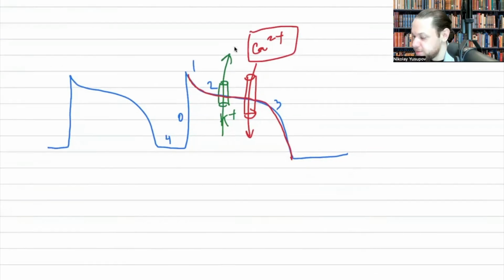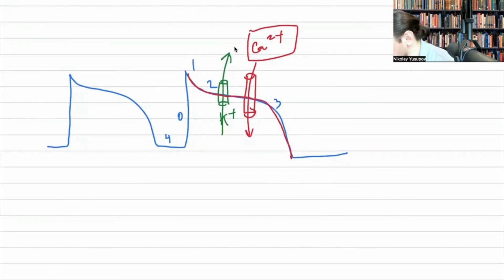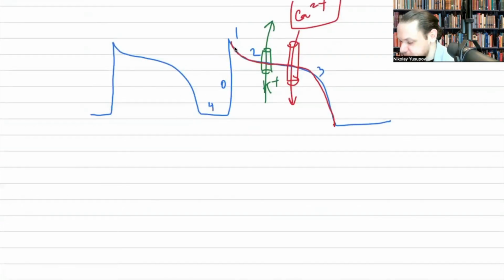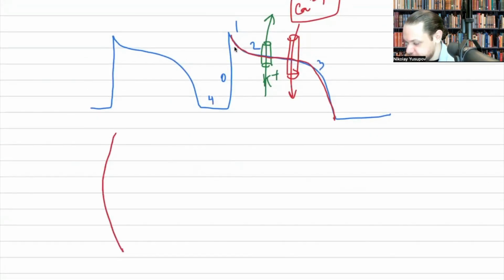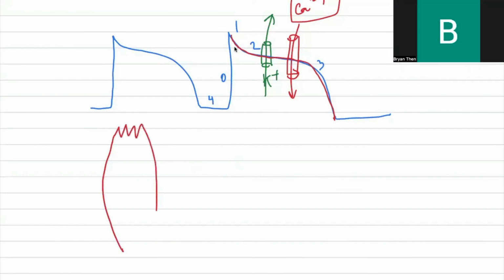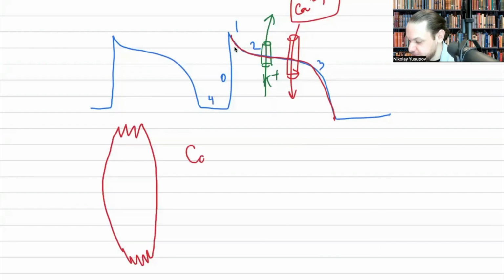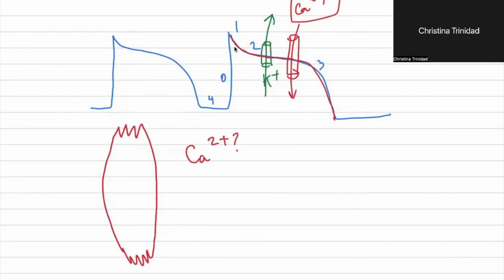There's some other tissue that uses calcium. Anyone remember? Muscle cells. Muscle, right? And what's the role of calcium there? Contraction. And how? It acts on troponin to remove the tropomyosin and allow the myosin to bind.